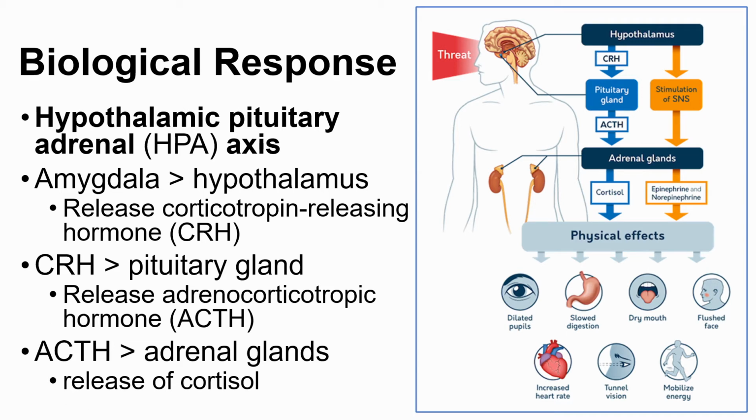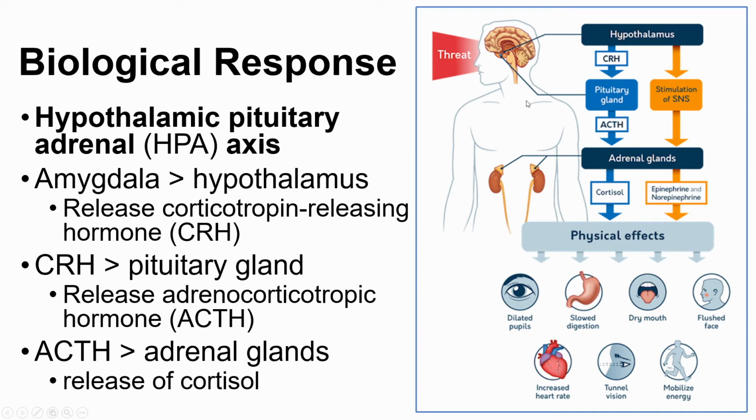So, the same way that our brain areas can activate our hypothalamus to stimulate our sympathetic nervous system, we can also have our brain areas, specifically our amygdala, reacting with the hypothalamus to trigger this HPA axis.